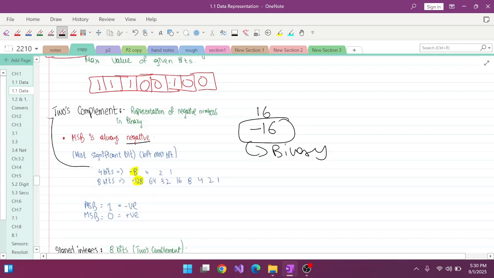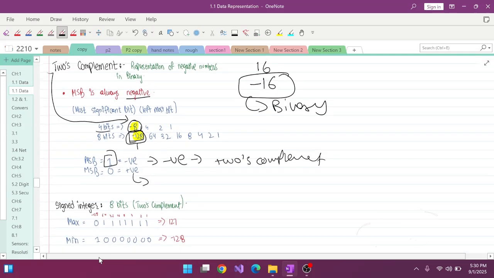If I talk about a 4-bit number 1 2 4 8, the leftmost number will be negative, and for 8-bit, the leftmost number, which is 128, will be negative. If there is a 1 under these numbers, it means that it is a negative number in 2's complement. And if it is 0, it is a positive number, meaning an unsigned number.